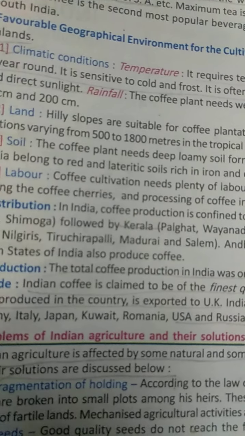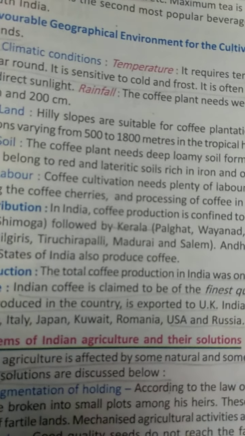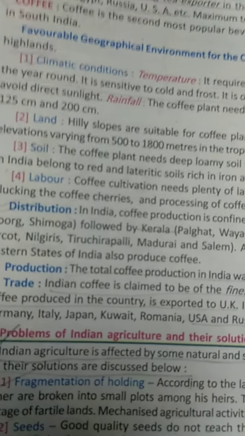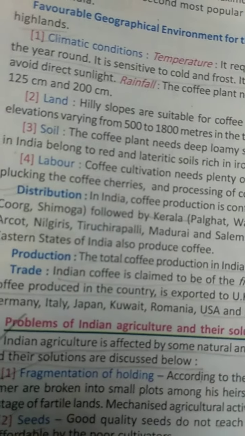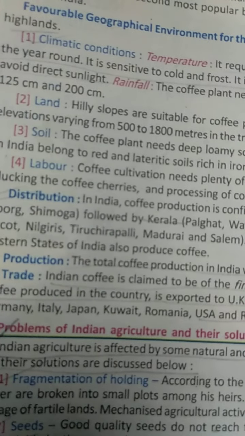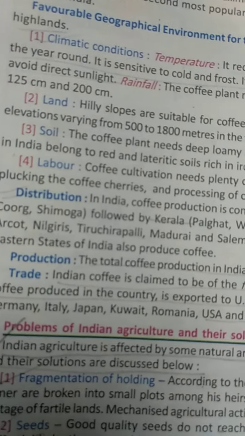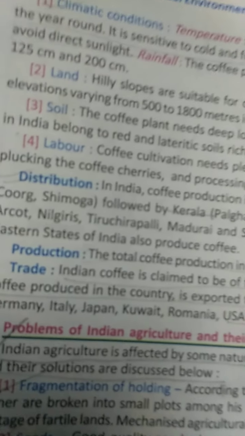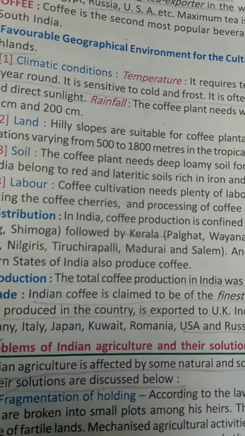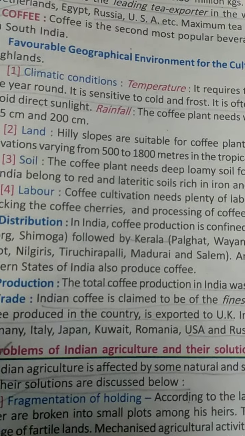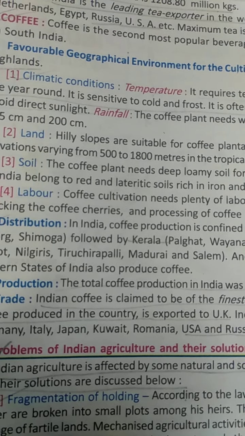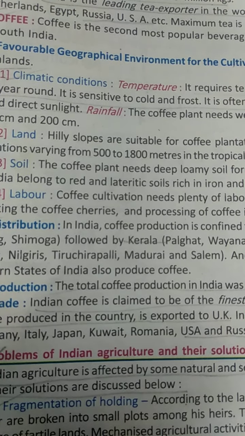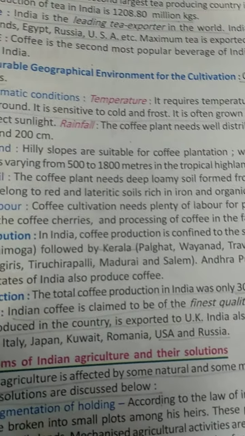These trees also need to avoid frost, and they should be grown in shady areas. They should avoid direct sunlight, and the rainfall should be distributed throughout the year, between 125 cm to 200 cm. Like tea, it also requires hilly slopes for coffee plantation so that it is well drained and water is not stagnant, at about 500 to 800 meters of the tropical highlands for best plantation.